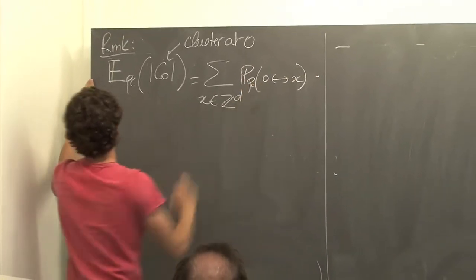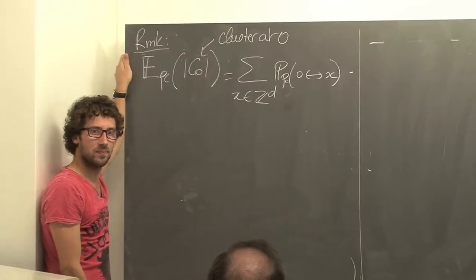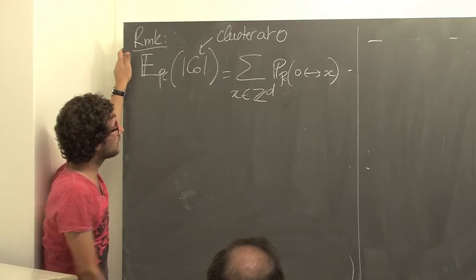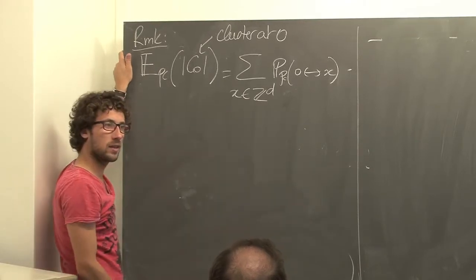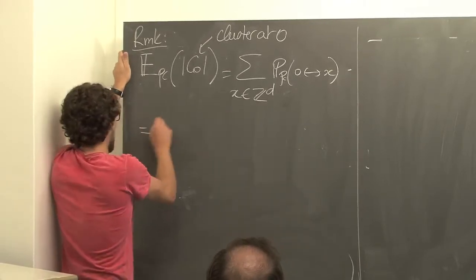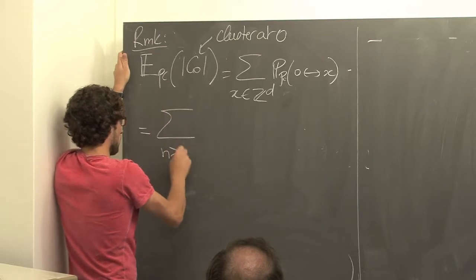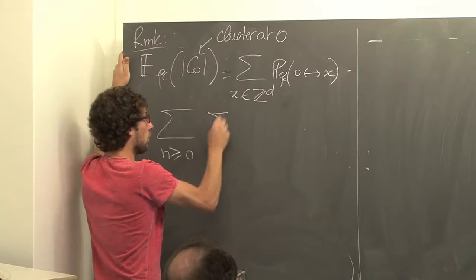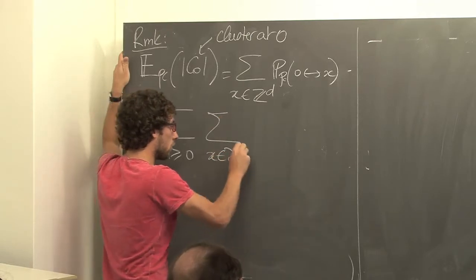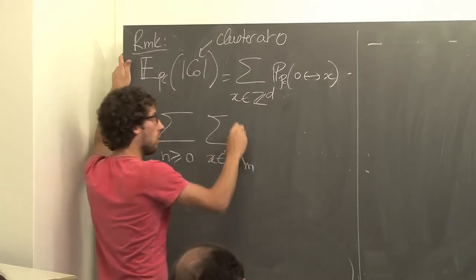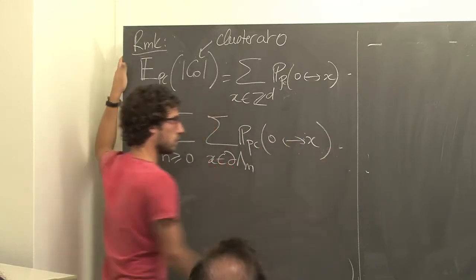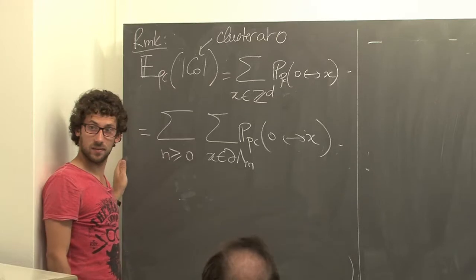And we are at PC again. Let's decompose this sum: it's the sum over n larger or equal to 0, of the sum over the x on the boundary of the box of size n, of the probability at PC that 0 is connected to x. This is exactly an equality.